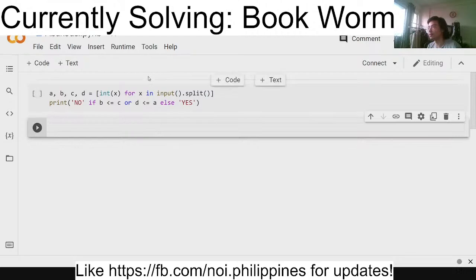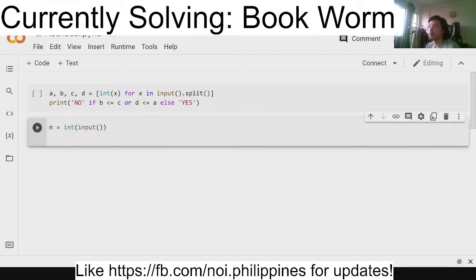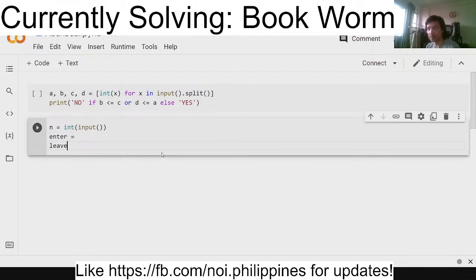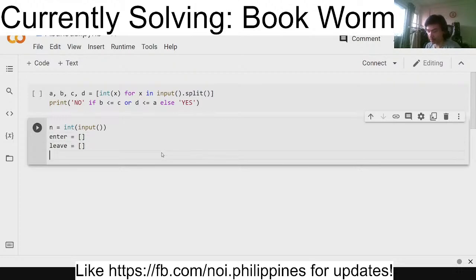Let's write the code. First, what do we need to do? Well, we need to read the input, right? So M, and then we can have enter and leave, let's say.